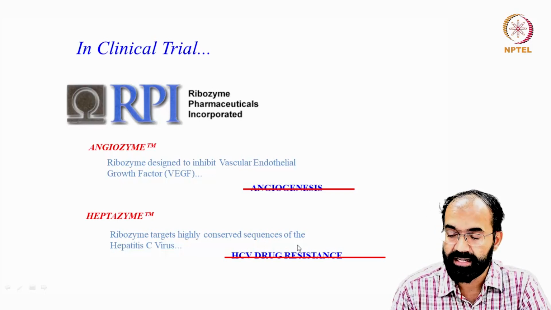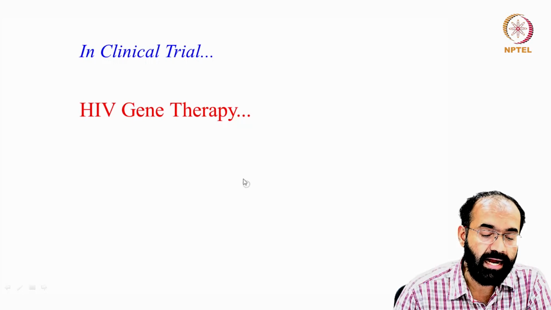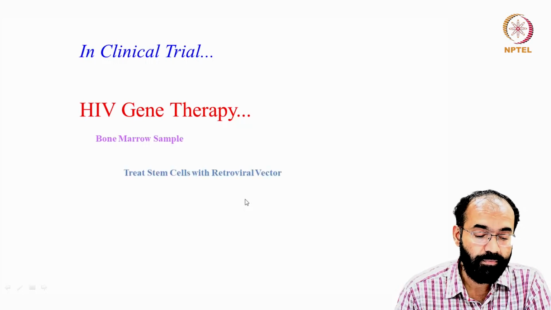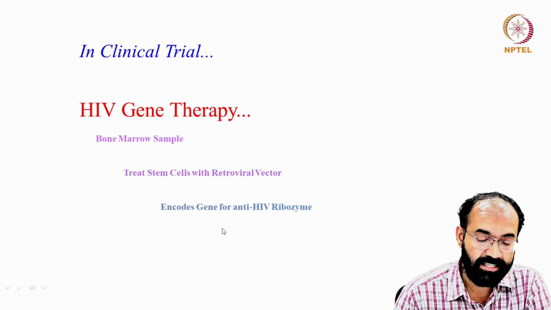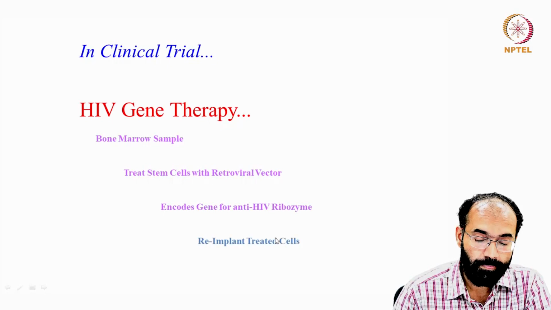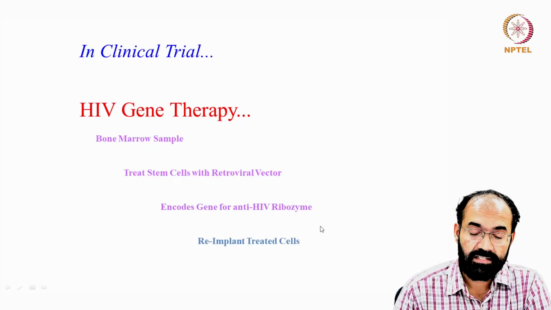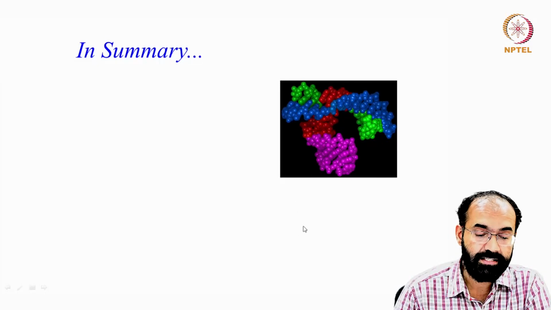So these things are quite handy for repair. And in clinical trial, anti-HIV therapy also is going on, with bone marrow samples, treating stem cells with retroviral vectors that encode a gene for anti-HIV ribozyme and reimplanting the treated cells. So these are all the ways in which you carry out ribozyme mediated treatment.